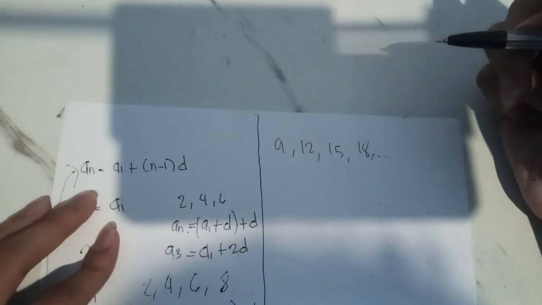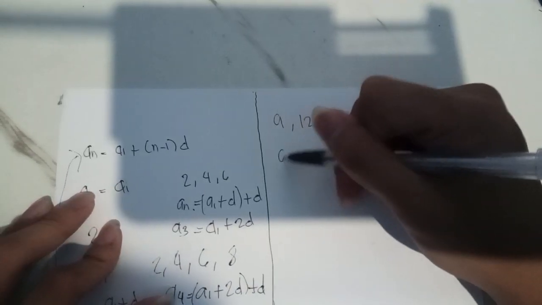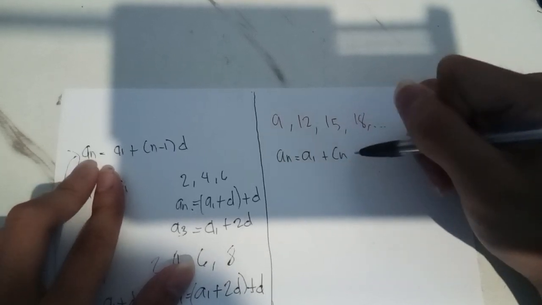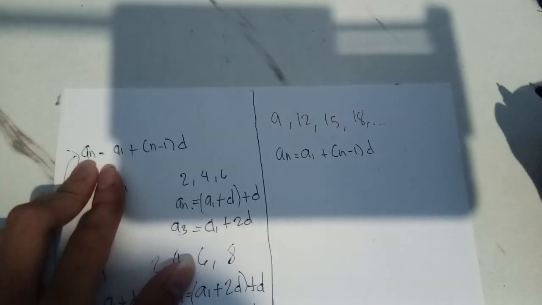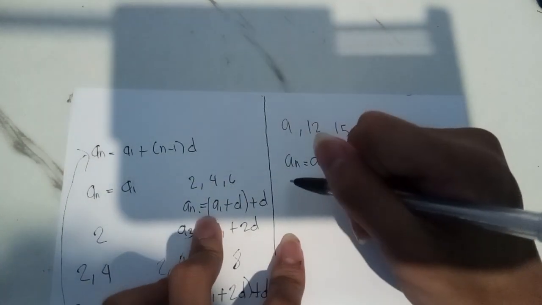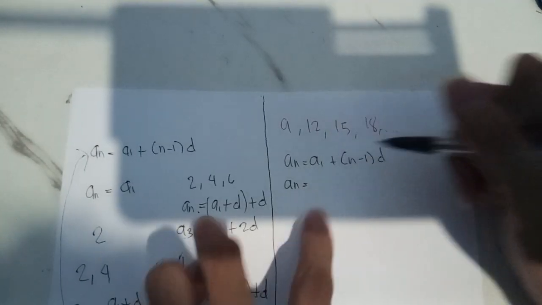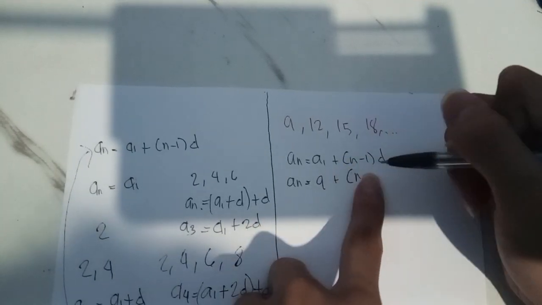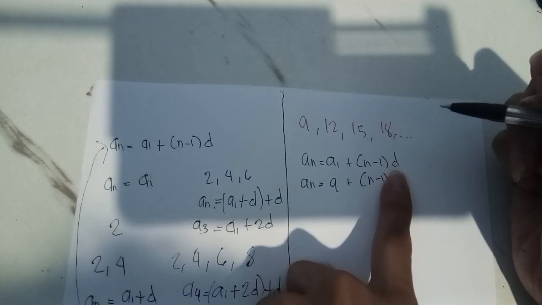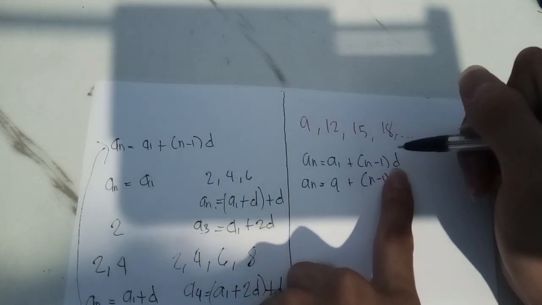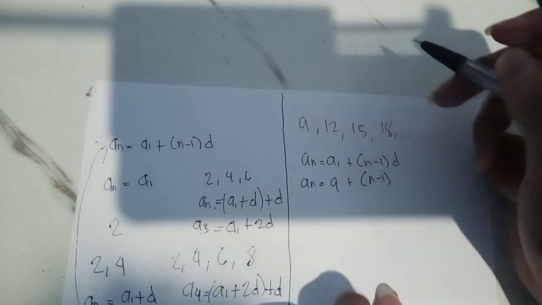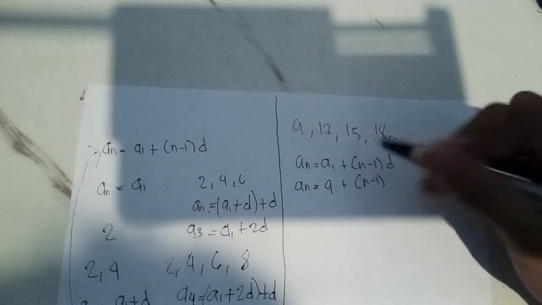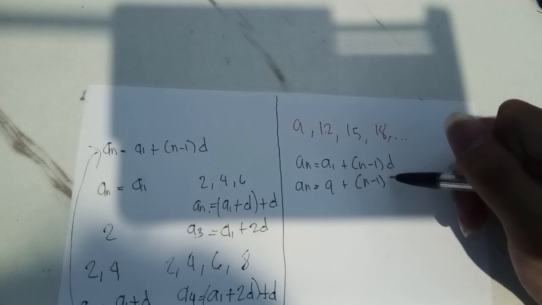So this is an is equal to first term plus n minus 1 times d, and our first term is 9, plus n minus 1, and our common difference, we need to find it. So in order to find it, subtract the first term from the second term. So 12 minus 9 will equate to 3.